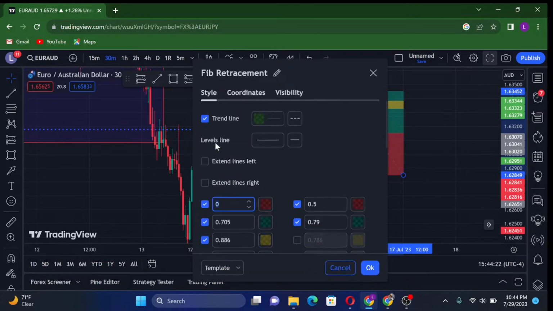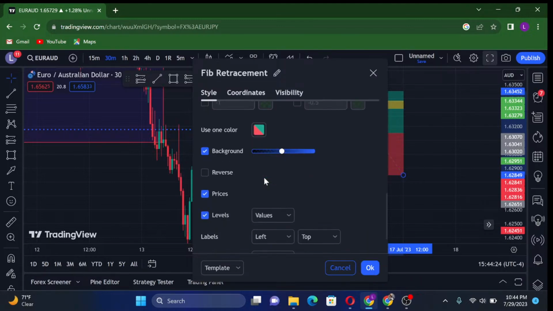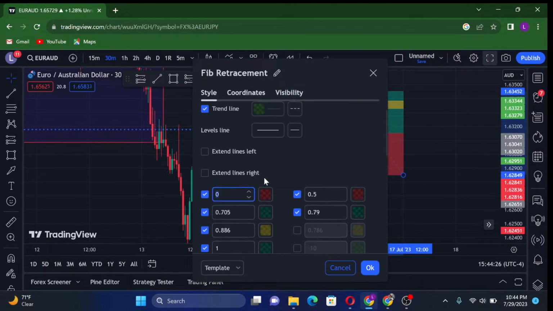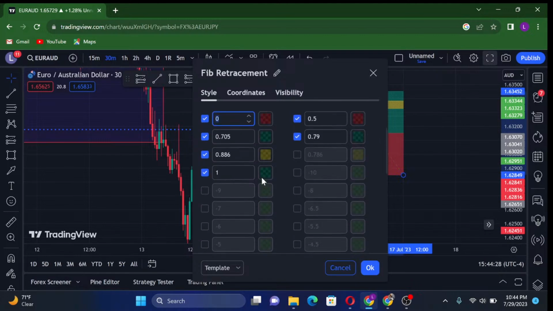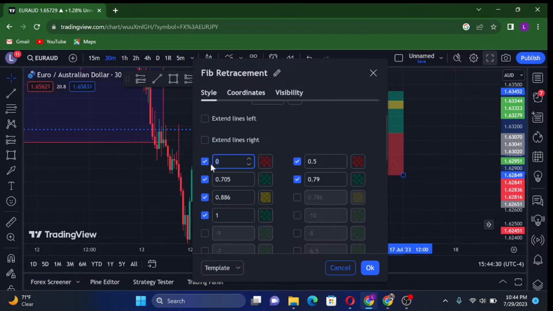Go to settings, first put it in default, or first reset it. After resetting, put these points: 0 you tick, 0.705 you tick, 0.886 you tick, 1 you tick, then 0.5 you tick, 0.79.